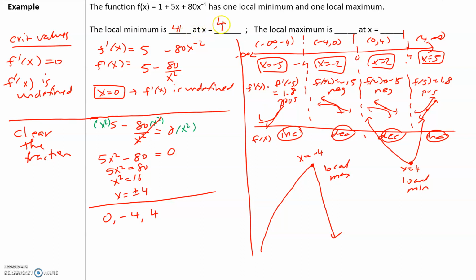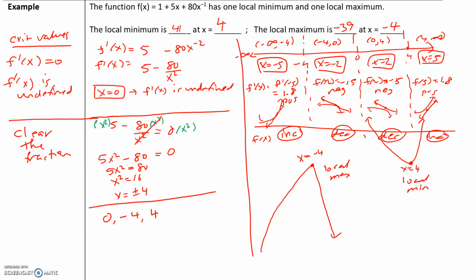Now remember, to get that, you would take 4 and plug it into the original f of x function, not the first derivative. To get a y value, you plug x into the original function. The local maximum happens at x equals -4, which is here, and the local maximum value is -39.